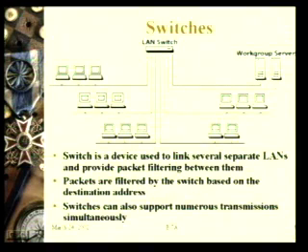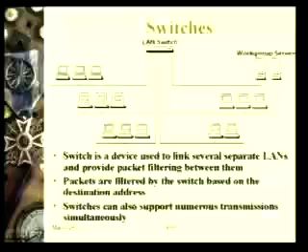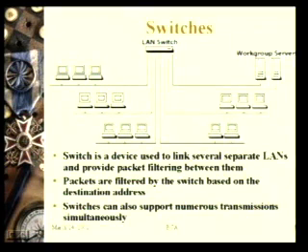Packets are filtered by the switch on the basis of destination address, that is the key. Switches can also support numerous simultaneous transmissions, which is why they are very fast. They increase the speed and they are quite expensive too.